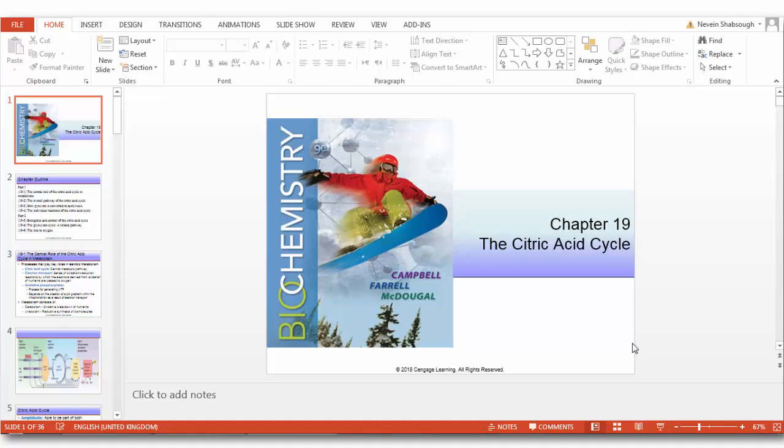Now, in this chapter and the next one, we will see how 30 to 32 molecules of ATP can be produced from each molecule of glucose in complete aerobic oxidation to carbon dioxide and water.